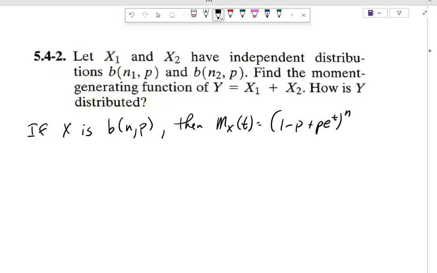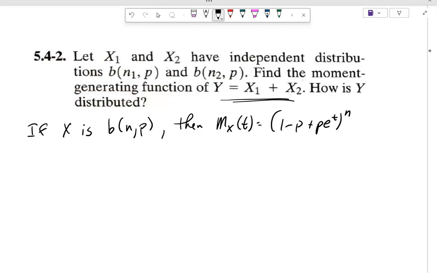Okay. So this one's asking us for the moment generating function for the sum. For what we just did in the previous problem, when we did the moment generating function for a sum, what do you end up doing to the moment generating function of each piece? Multiplying, right?